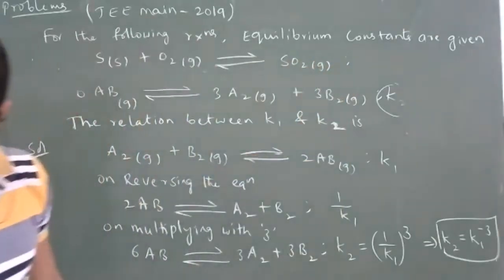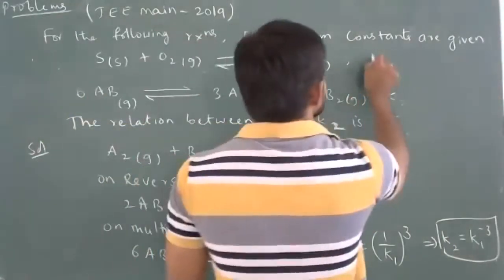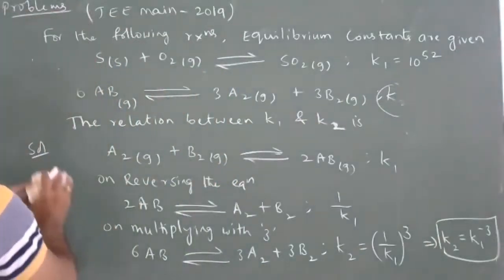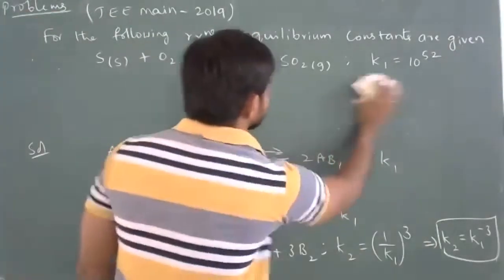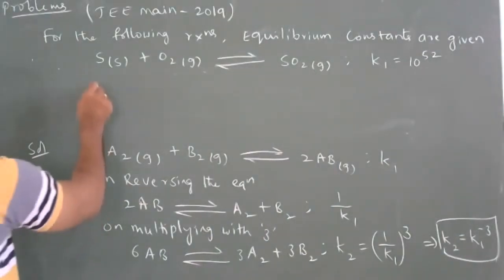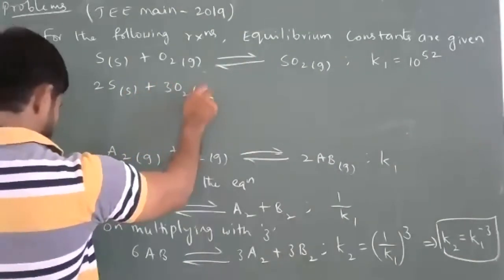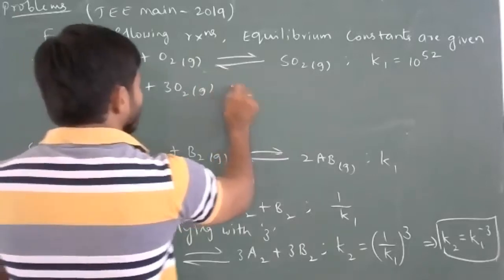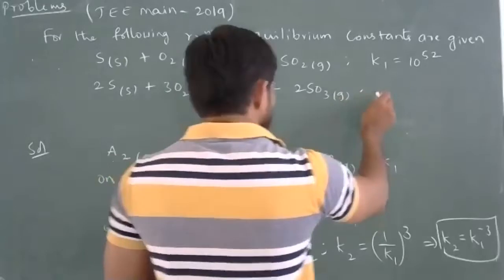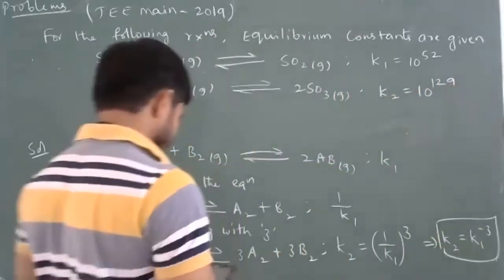For this, K1 is equal to 10 power 52. 2S plus 3O2 gas converts into 2SO3 gas. K2 is equal to 10 power 129.